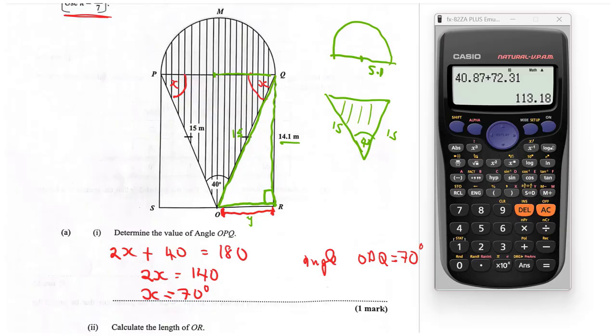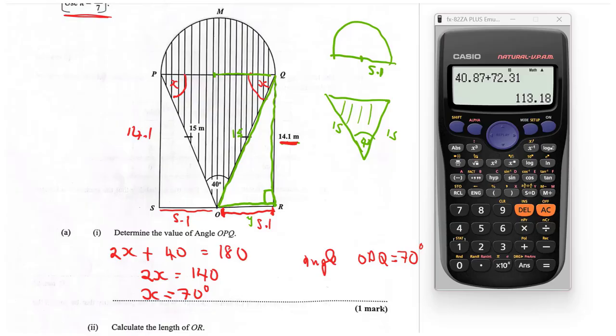So therefore, we have 14.1 here already. So this side is also 14.1. Now this side, the OR is 5.1. Therefore, this side is also 5.1. So we can say that all of this SR is 10.2, right?